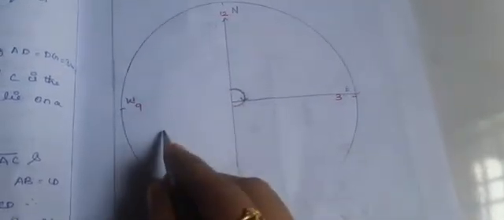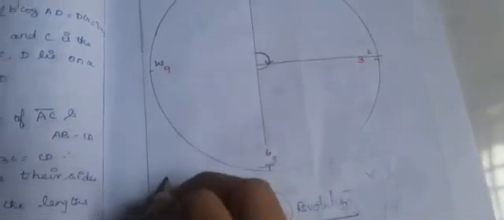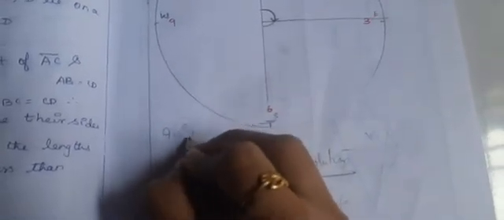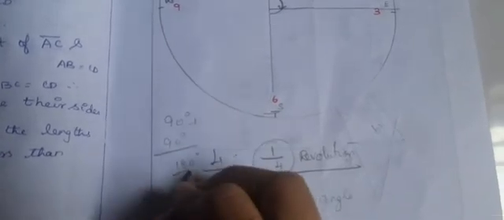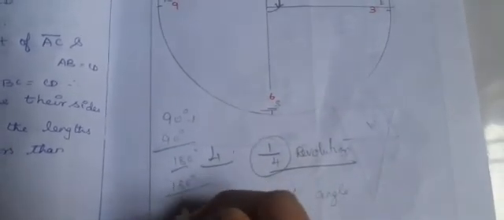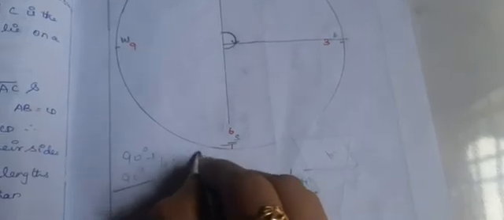I have told you already, 4 right angles form one complete revolution. Just count: 90 degree plus 90 degree is 180 degree. So 180 plus 180 is 360 degree. So for a complete revolution there are totally 4 right angles.